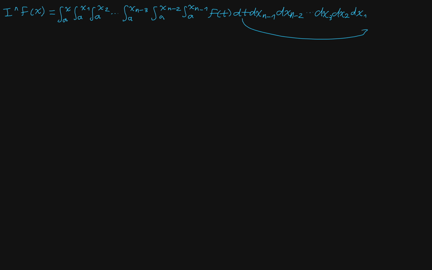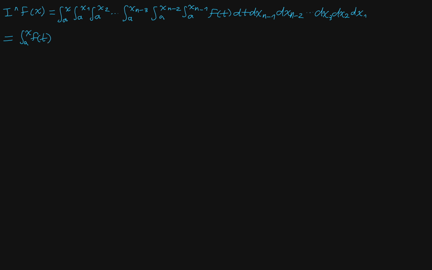Okay, and so what we're first going to do is change the order of integration. We want to take the t out in front. By Fubini's theorem, we can do this. So now everything after the outer integral is going to just be bounded below by t. We're going to get the integral from a to x.